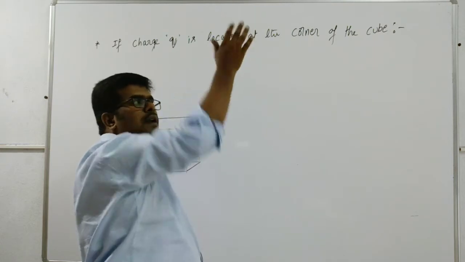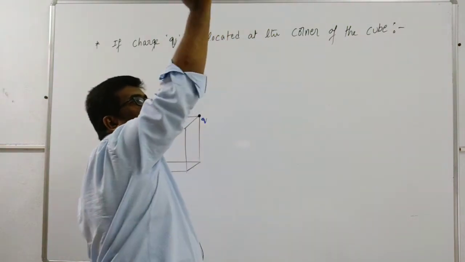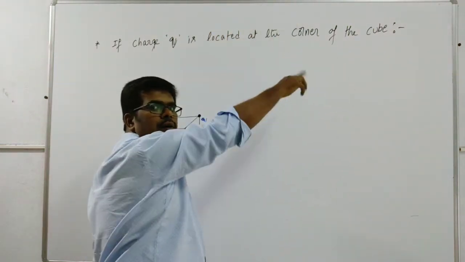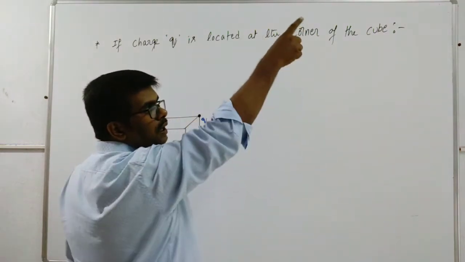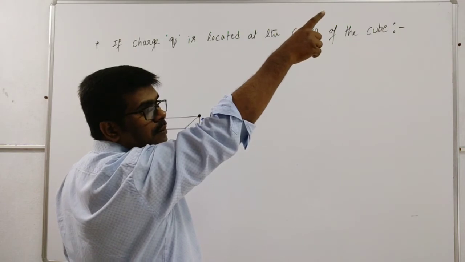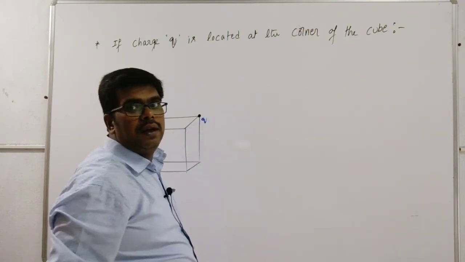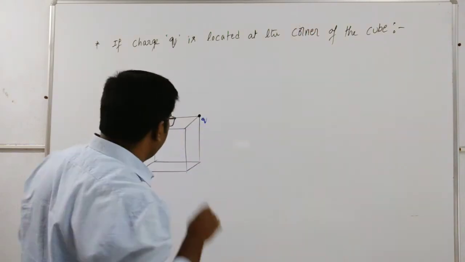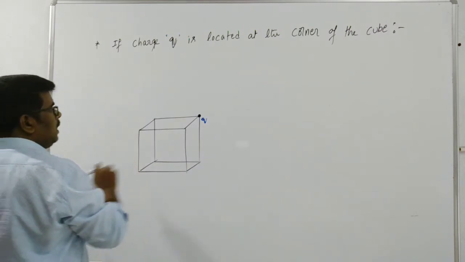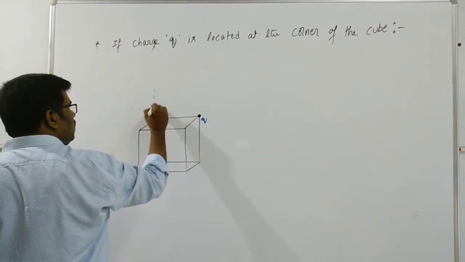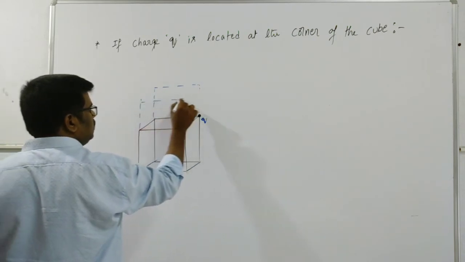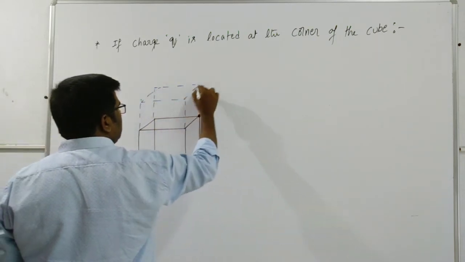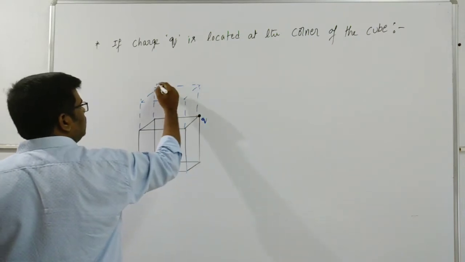Totally 1, 2, 3, 4. Similarly on the back side, 1, 2, 3, 4. Totally 8 rooms will share the same corner. This corner will be shared with 8 rooms like this.